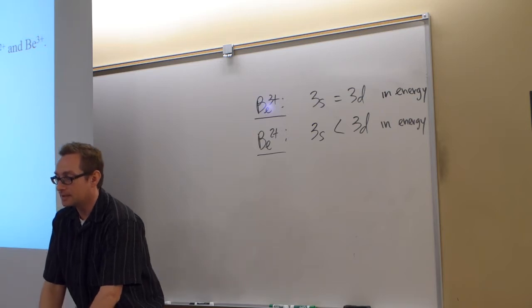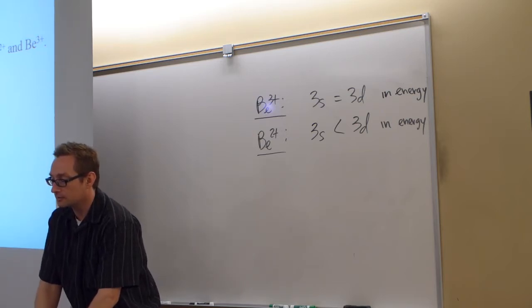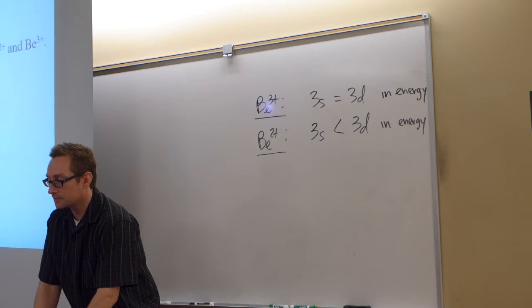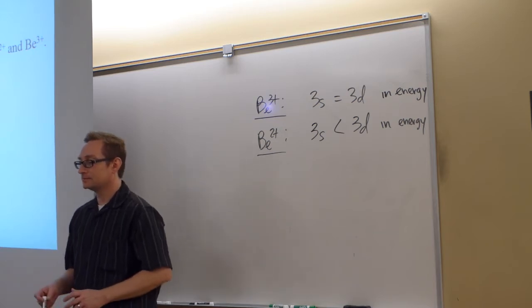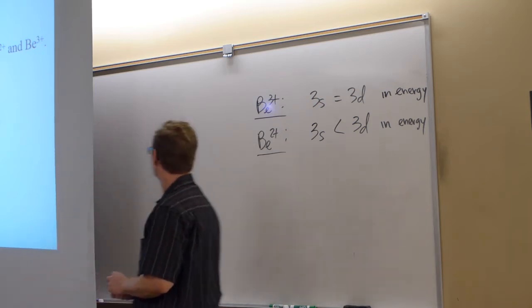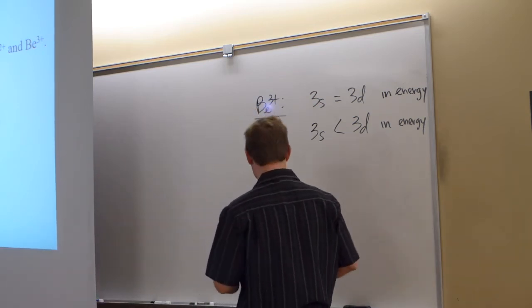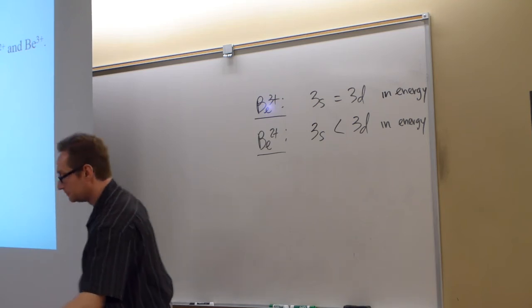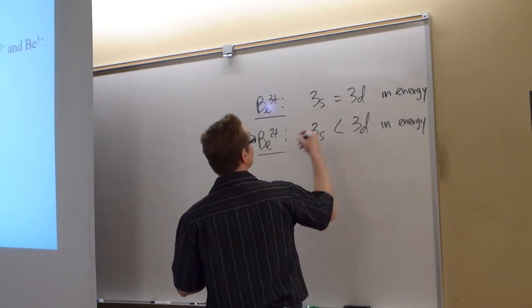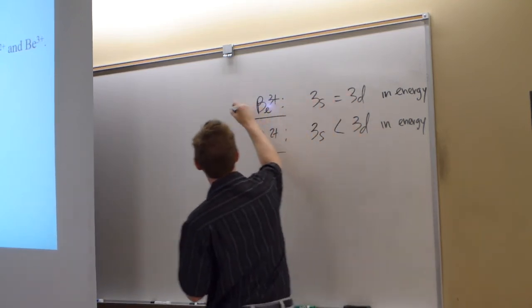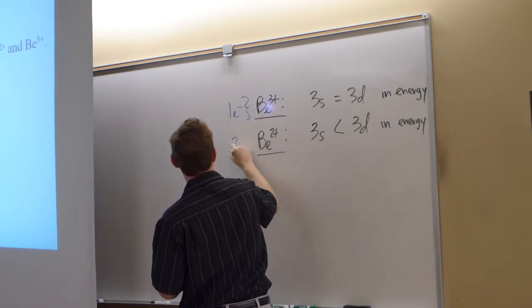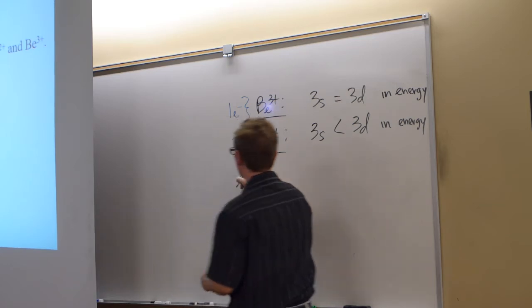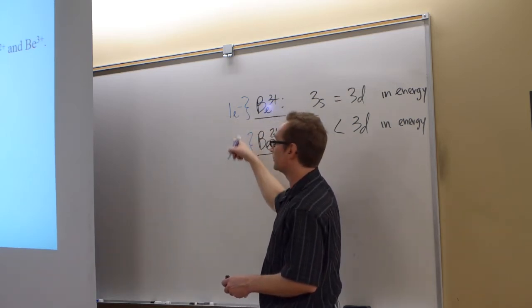Let's do another one. Compare the energies of the 2p orbitals in lithium 2+ and beryllium 3+. Just to add a little note to this, I'm just going to say 1 electron versus 2 electrons.